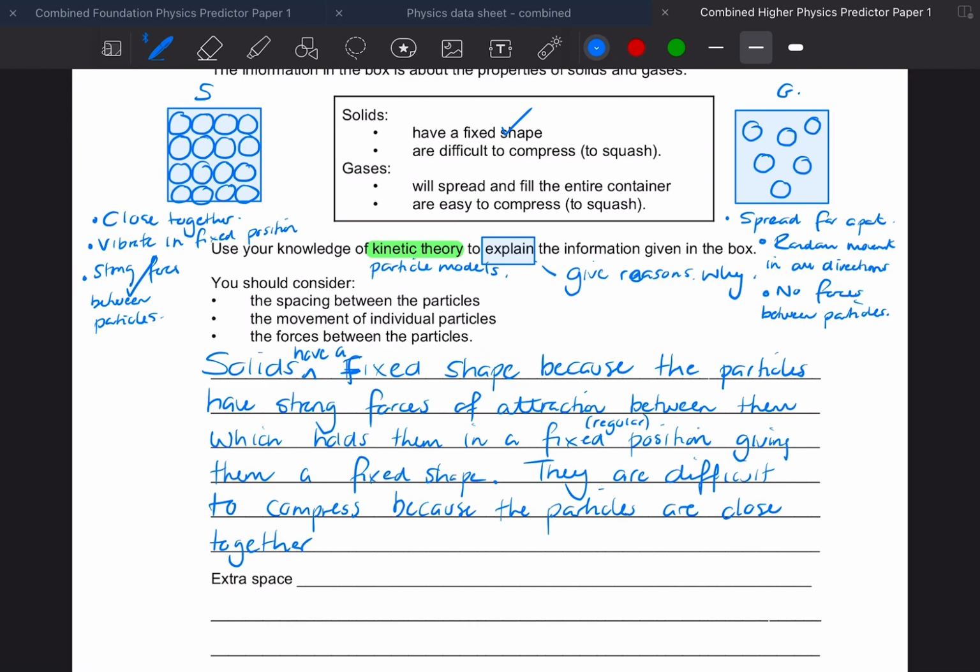The particles are close together, so there is no room to move closer.